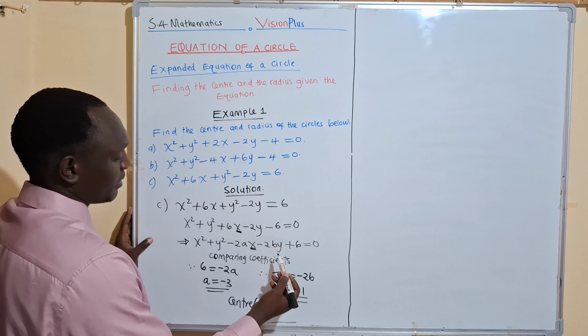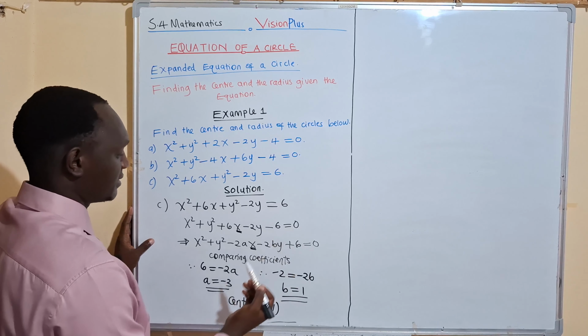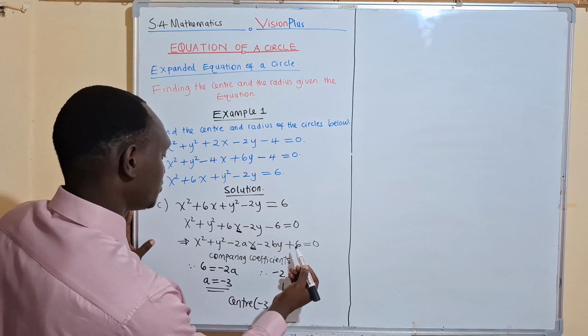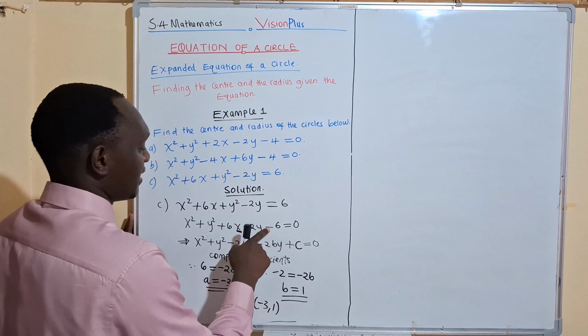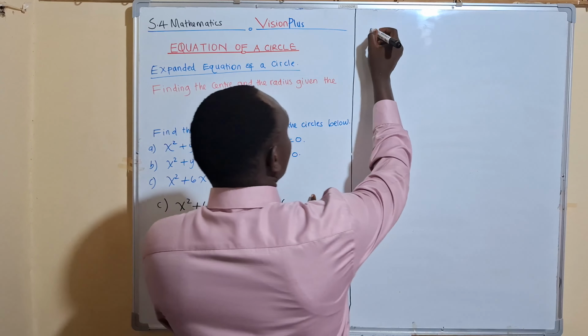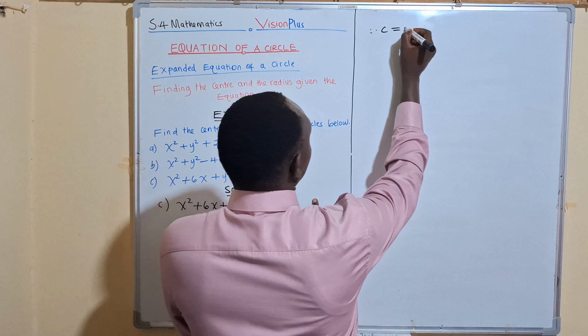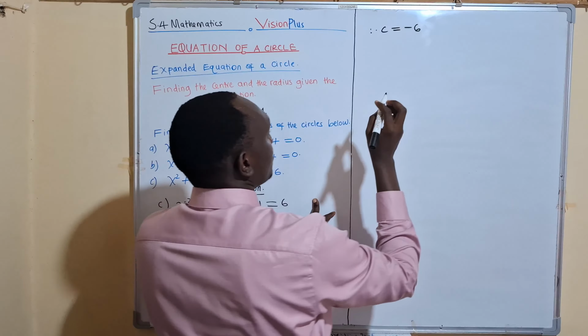Still, we are going on to compare. Negative 6 corresponds to c, please. I don't know how I got confused here, but in the general equation we have plus c. So we are saying that negative 6 corresponds to c. So also c equals negative 6. What do we know?